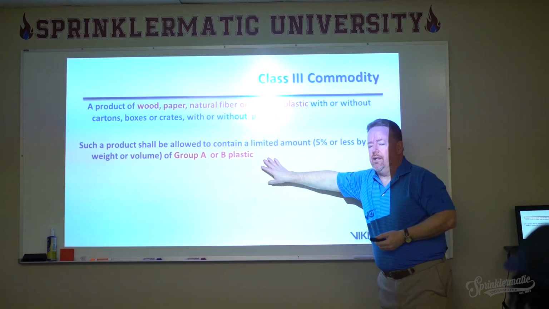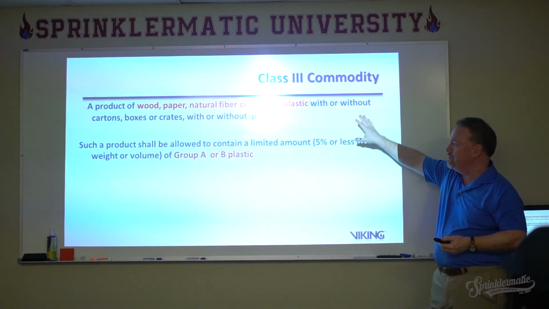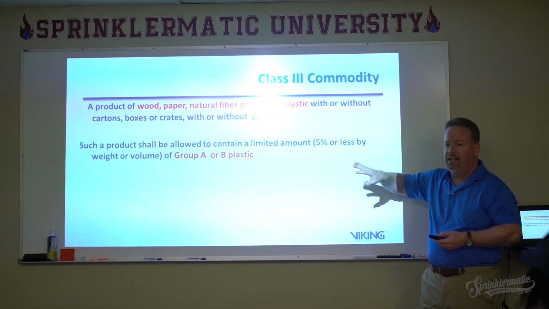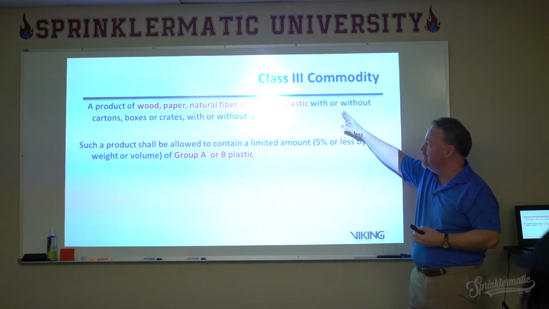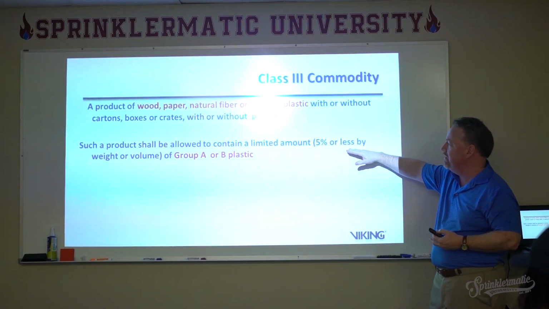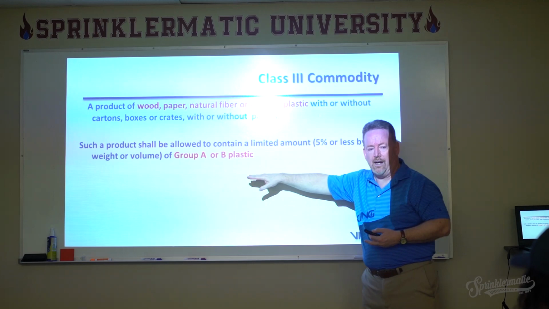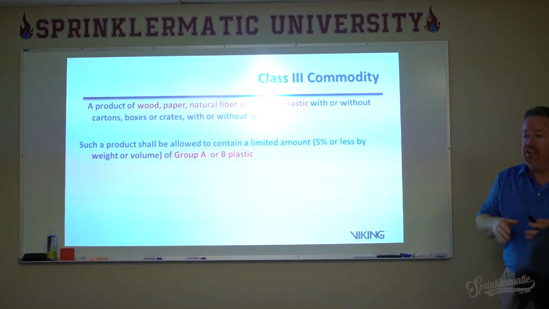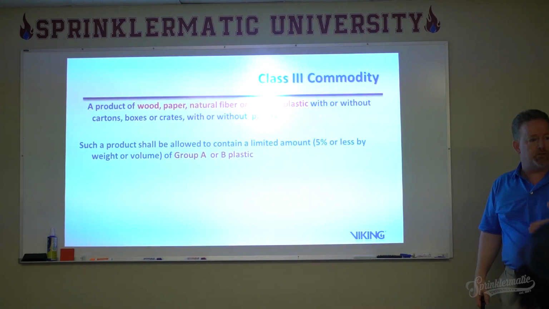Now, when we get into the plastic and we start to talk about how group C plastics or group A or B plastics come into play, this also recognizes that there can be, in this particular commodity, a limited amount of group A or B plastics. So remember that group A plastics are the biggest challenge. They're the most combustible.